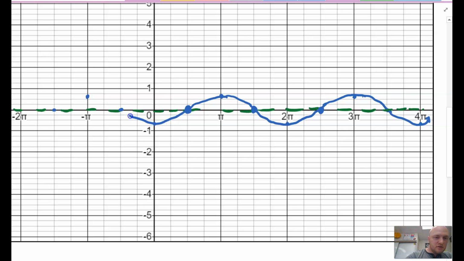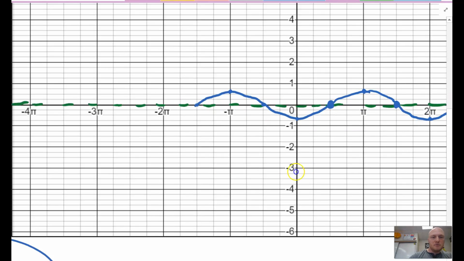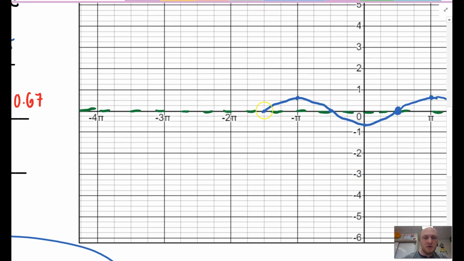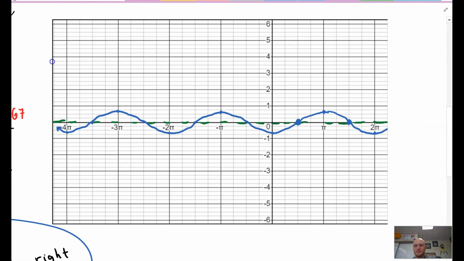So one cycle here. And then again. There we go. And again, this should be concave up, opening upwards, and then I'll change now, opening downwards, opening upwards. There we go. There is the graph.